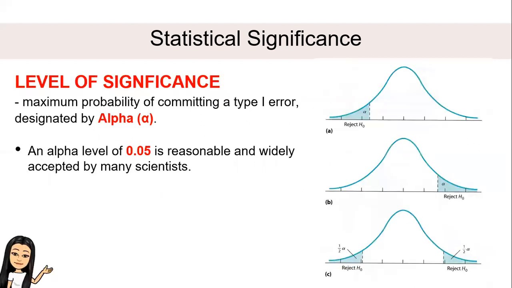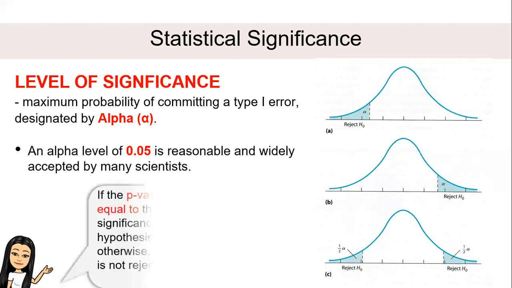Now, speaking about your level of significance, the maximum probability of committing a type 1 error is designated by alpha, and an alpha level of 0.05 is reasonable and widely accepted by many scientists. But again, there might be instances where you have to use a different alpha depending on the suggestion of your panel or your statistician.